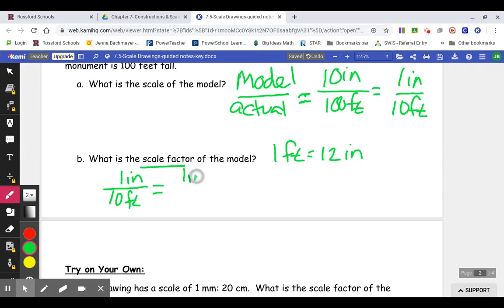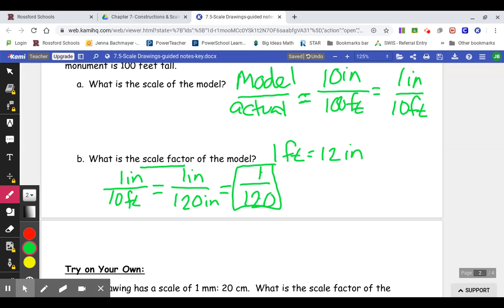So 1 inch now is going to represent 120 inches in real life. So my scale factor for this monument would be 1 to 120. And that's what I can leave it at. I don't have to have units for this one because I'm representing 1 of something equals 120 of something else.